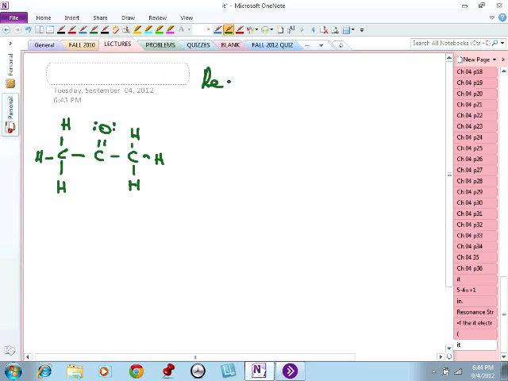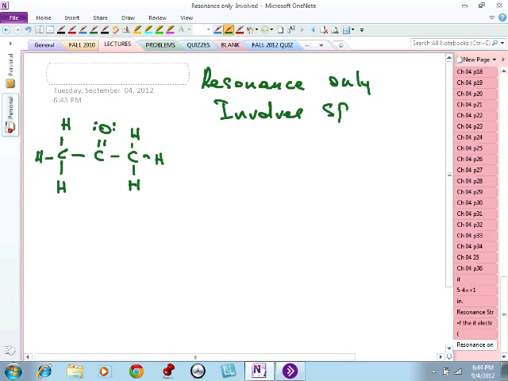Resonance, I will write it for you. Resonance only involves sp or sp2 atoms. And never will resonance involve sp3 atoms.